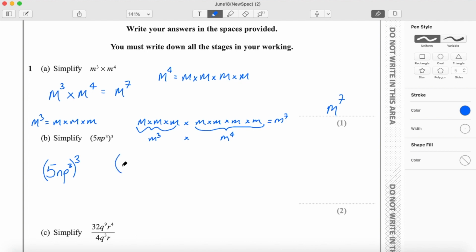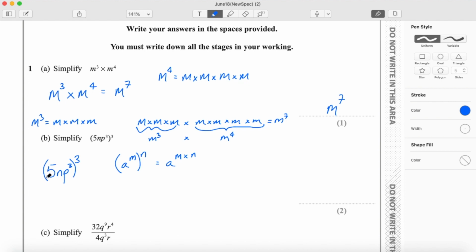So for any number a and any power m, all to any power n, we say that that's equal to a to the power of m times n.